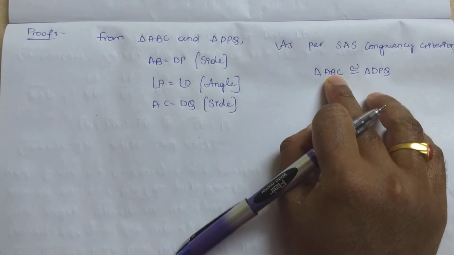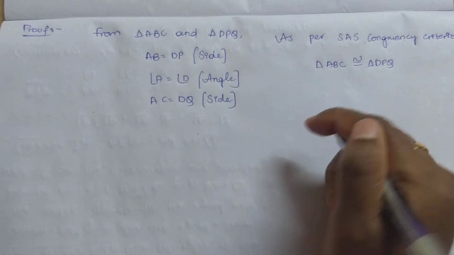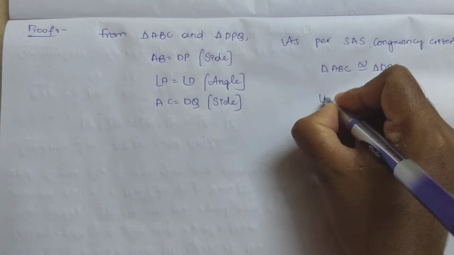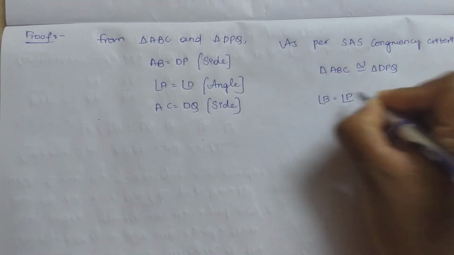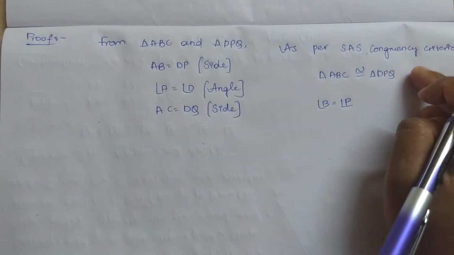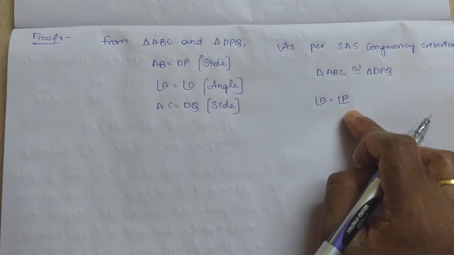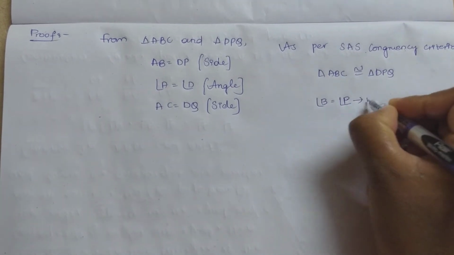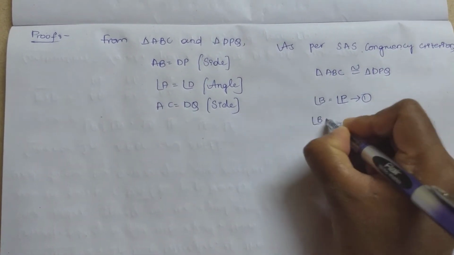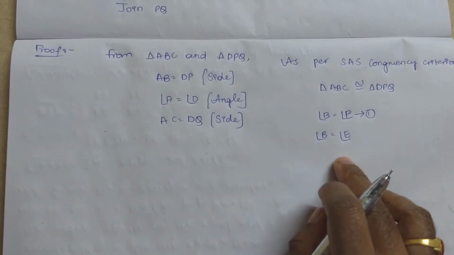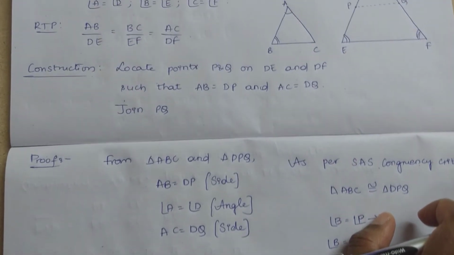So again, angle B equals angle P. Let's write the same thing here. Angle B equals angle P. We got it from the congruency criterion. We have derived this relation that angle B equals angle P. Put this as equation 1. And again, angle B equals angle E. Where did we get this? We got this from the given part.